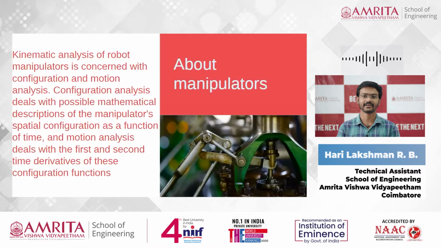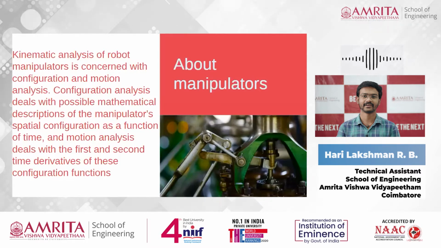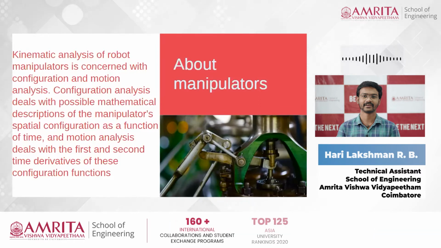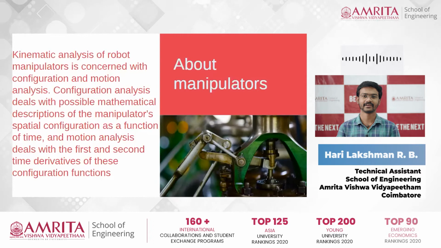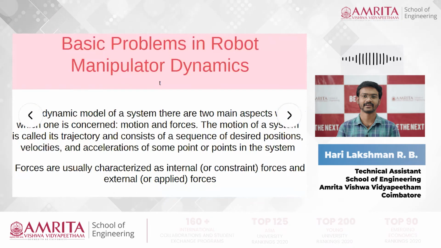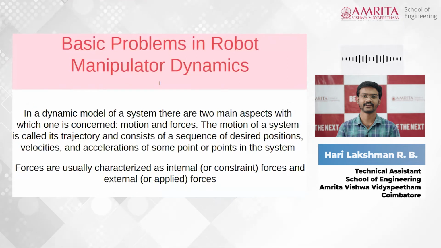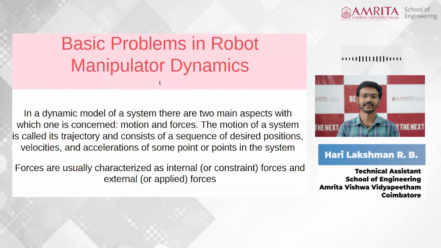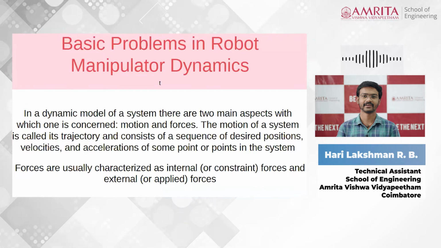If you learn about the kinematics of manipulators, it is directly applicable to other types of robots also. Now let's discuss the basic problems in robot manipulator dynamics. In a dynamic model, first of all, you need to understand what dynamic is.